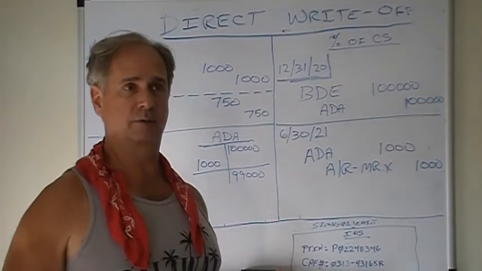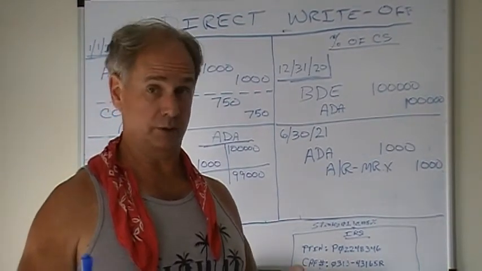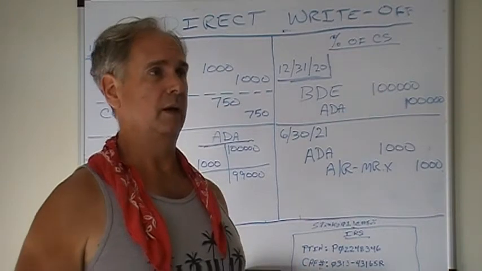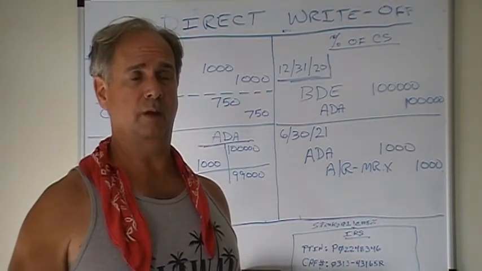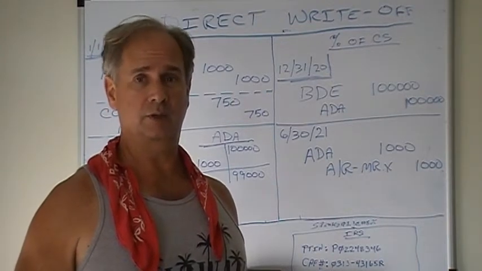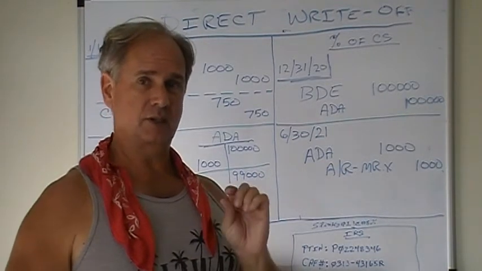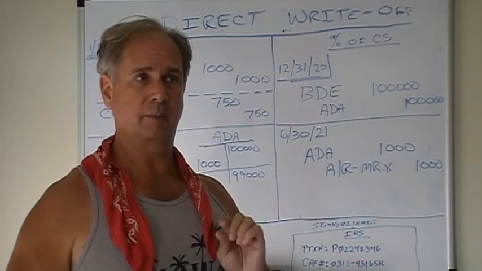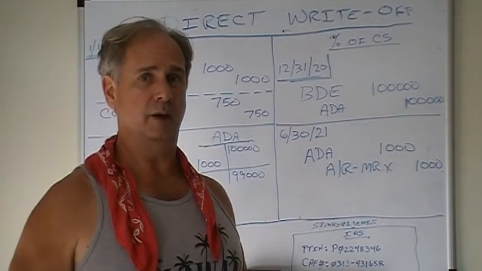The allowance method for the percentage of credit sales, which is also known as the income statement method, is very, very similar to the allowance method for the percentage of accounts receivable, which is known as the balance sheet method. But there is a slight difference towards the end that I'll talk about further.